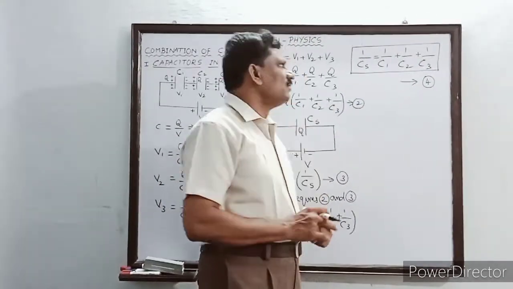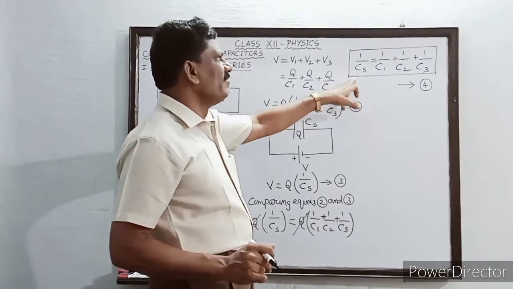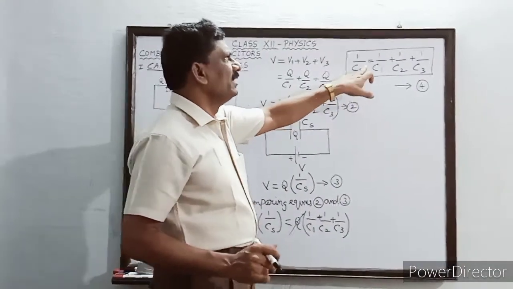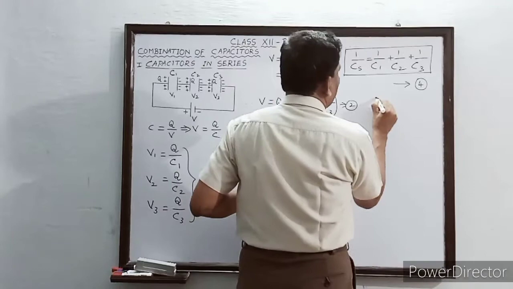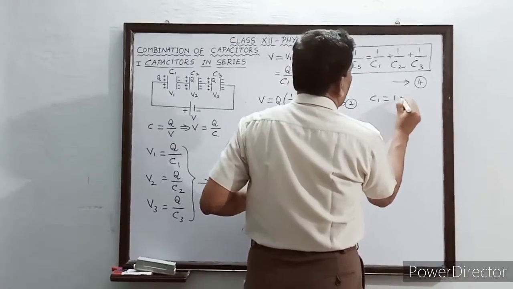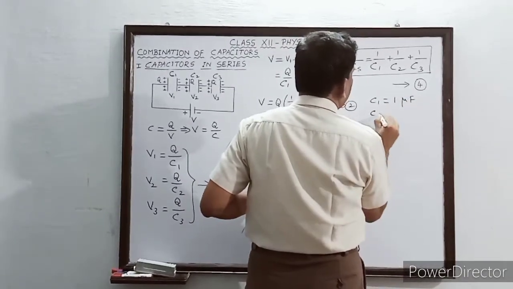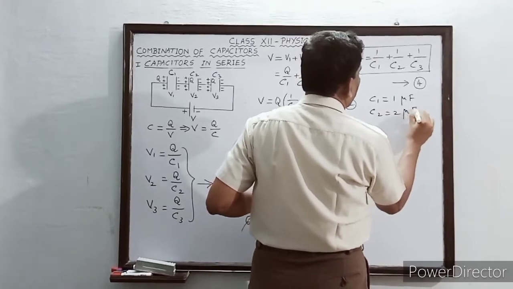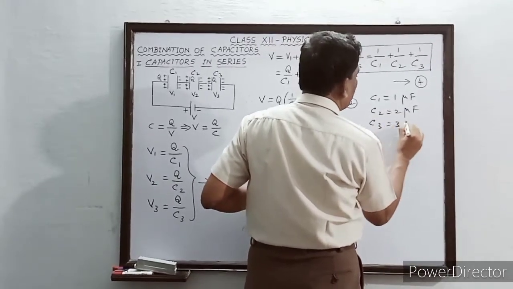Okay. Now in this case, for example, let us take C1 equal to 1 microfarad, C2 equal to 2 microfarad and C3 equal to 3 microfarad.